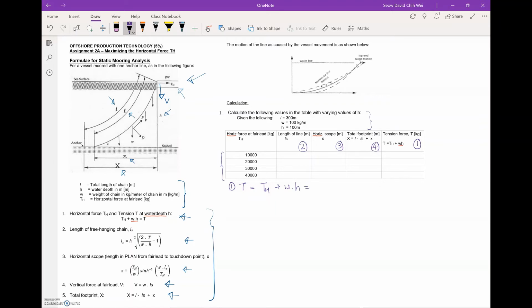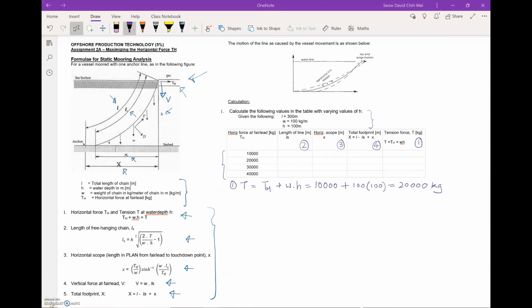From the first row, TH is 10,000, W is given as 100 and H is 100. So the tension is 20,000 kilograms. That's number 1.